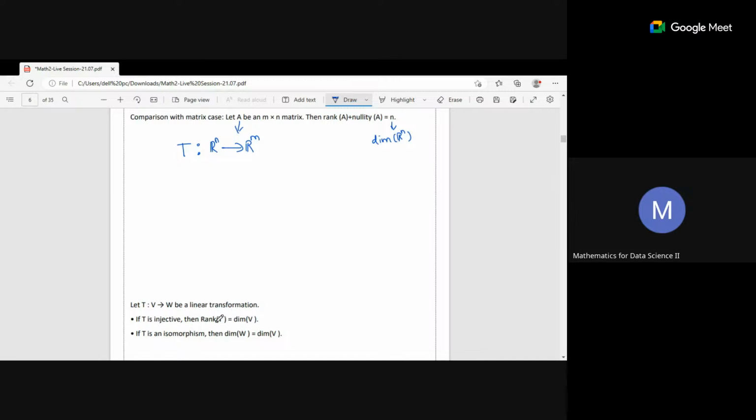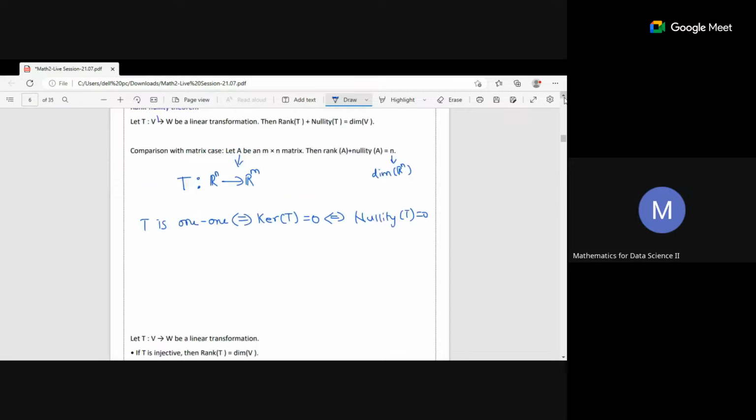Fine. So let T from V to W be a linear transformation. If T is injective, you know that rank of T is equal to the dimension of V. Can you say why? So what happens if T is 1 to 1? If T is 1 to 1, what do you know? Nullity is 0. That is actually all equivalent.